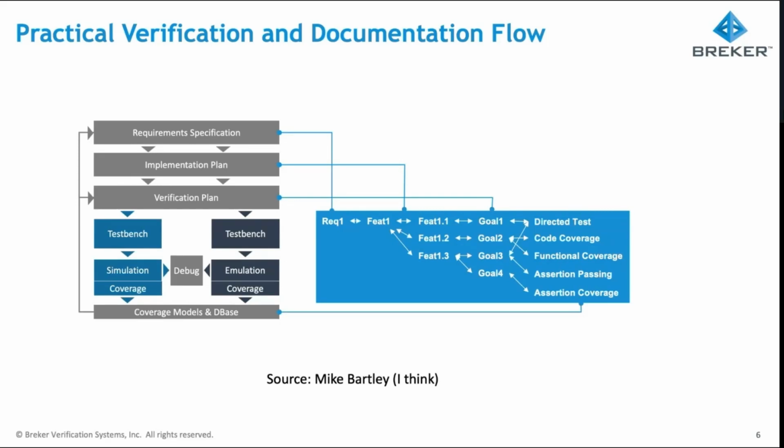On top of that, you need a coverage mechanism for each one of these goals to show you've actually really tested it. So you end up with this kind of looping diagram of different plans with a verification section in the middle, where we can feed back into the requirement specification and make sure we've got the coverage that we need to demonstrate that the design has been properly and fully tested at a systematic level.